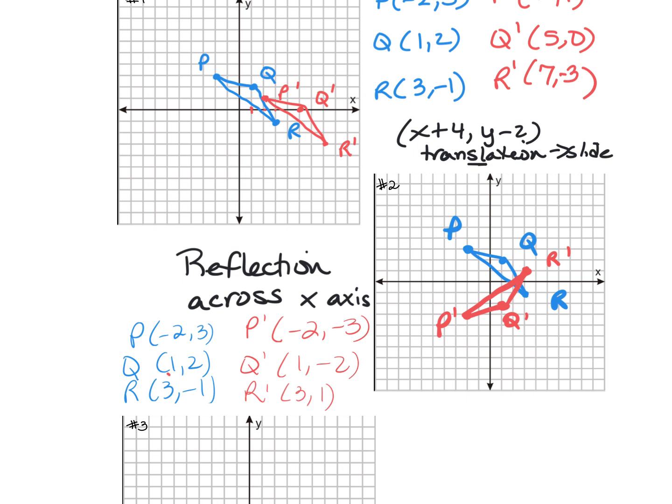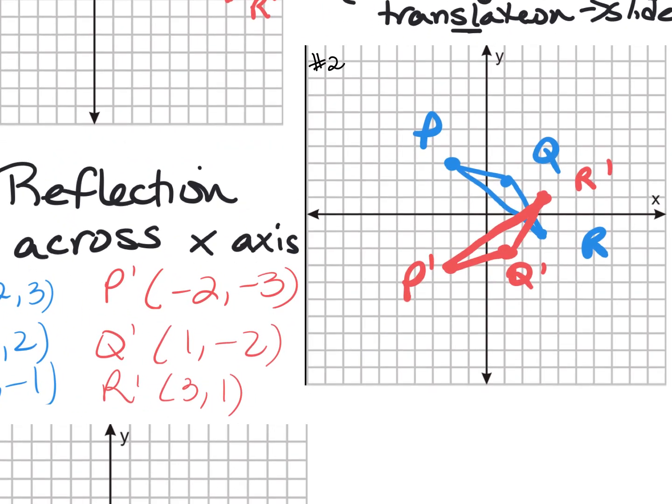Now, again, one thing you can do is if they're ever asking you to determine what happened to it, you can count the gaps. You see how the original R was 1 space away from the x-axis, and then there's the new R, 1 space away on the other side. Same thing for the Q. The new Q is 2 spaces away, and the original Q was 2 spaces away.